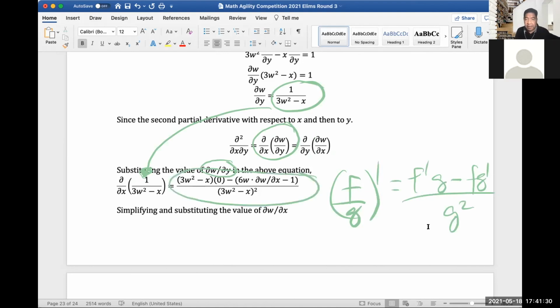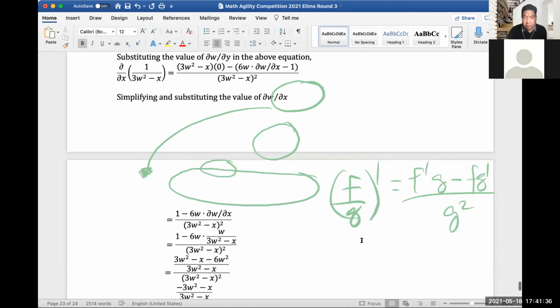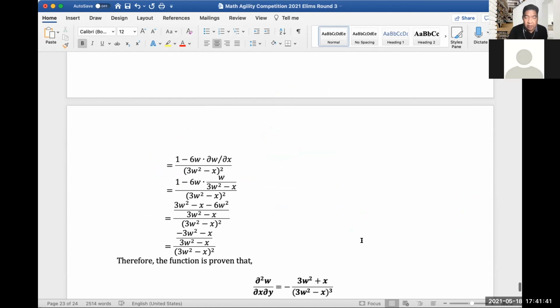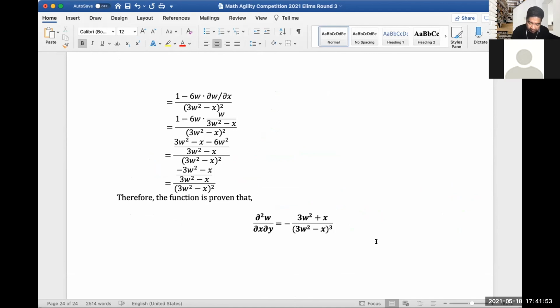And then simplifying and substituting the value of partial of w with respect to x, oops, let me clear this. That would give you 3w squared minus x all over 3w squared minus x quantity squared. Therefore, the function is proven. So this is our answer, right?